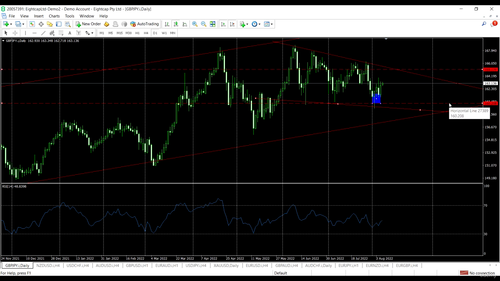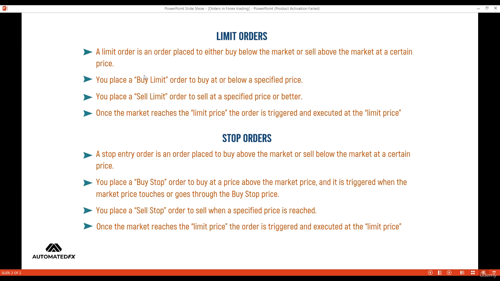Then I'll be telling the broker to enter a buy trade for me when the price reaches here. So this is a sell limit and this is a buy limit order. Okay, so that's it for buy and sell limit. So once the market reaches the limit price, the order is triggered and executed at the limit price.